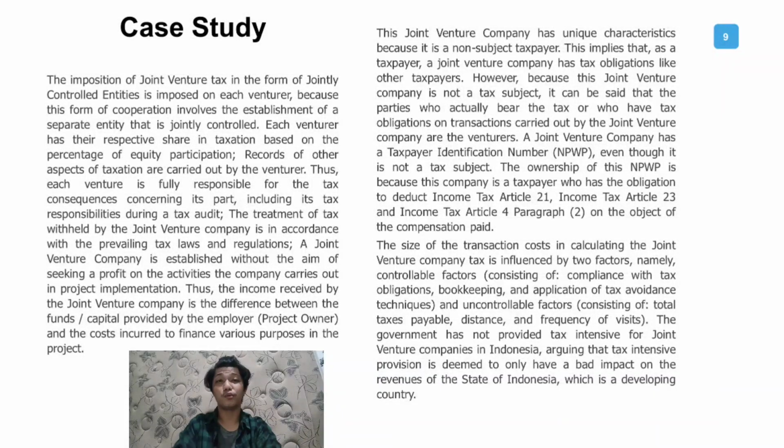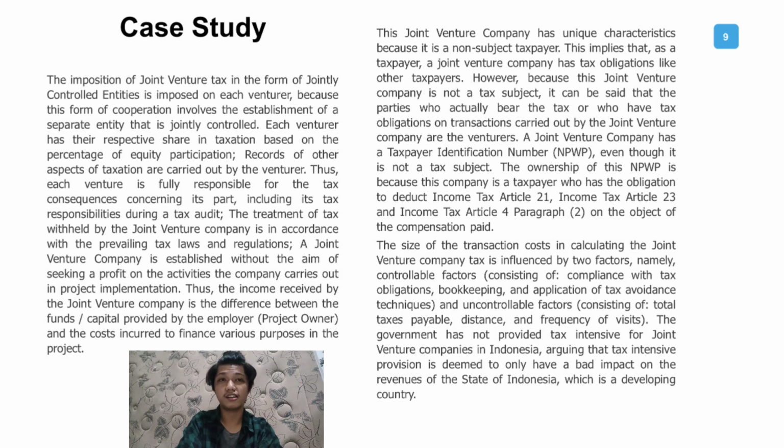In this slide, I will tell you about the case study. The imposition of joint venture tax in the form of jointly controlled entities is imposed on each venturer, because this form of cooperation involves the establishment of a separate entity that is jointly controlled.